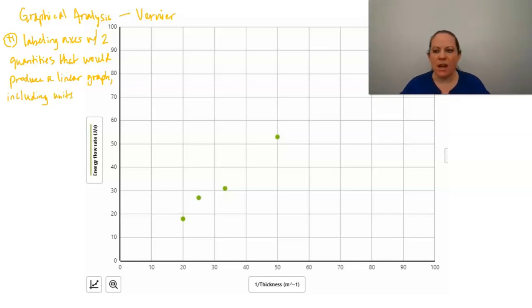And another point we could talk about at this point before we talk about the trend line would be for scaling the axes linearly. So the data extends over at least half of each axis.